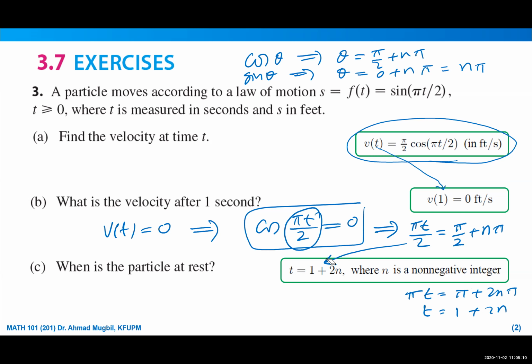So these are all the times at which the particle will be at rest. Like what, for example? Like 1 when n is 0. Here n is a non-negative integer because t is positive, so we cannot take negative integers here. So n is 0, 1, 2, 3, and so on. So it could be at 1, it could be at 3, at 5, and so on. It will be at rest.